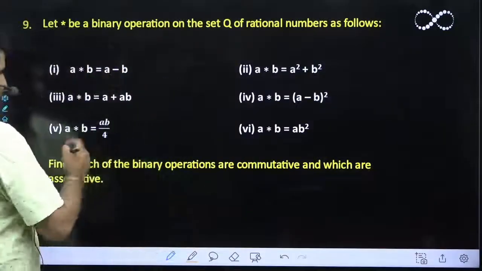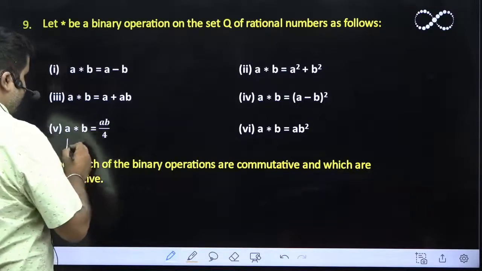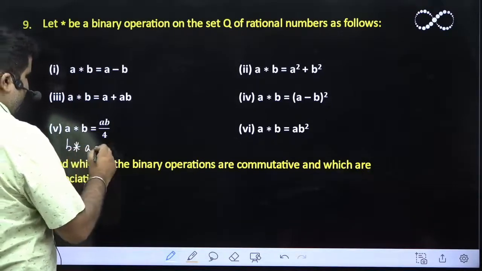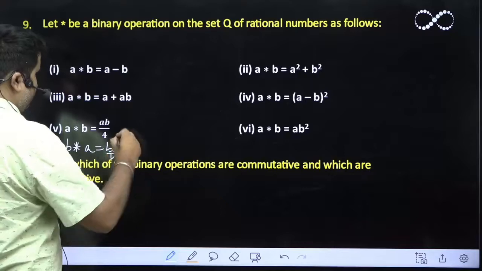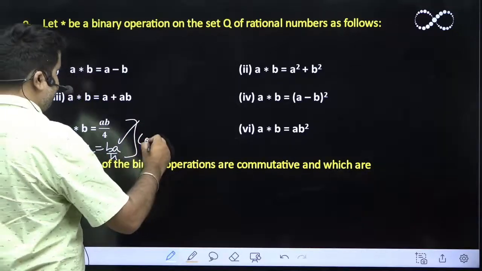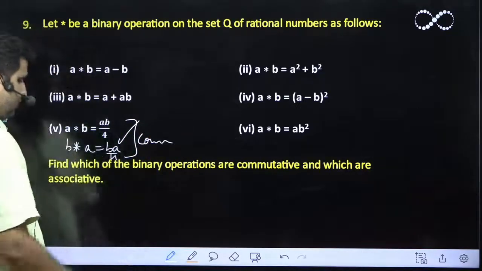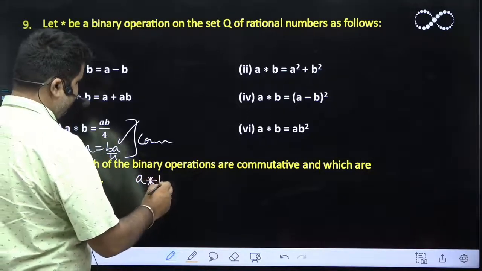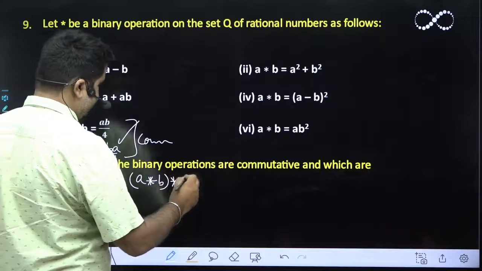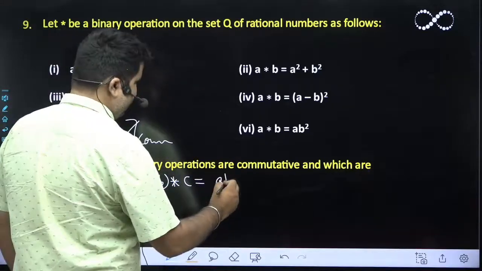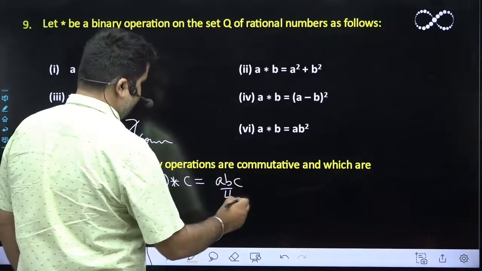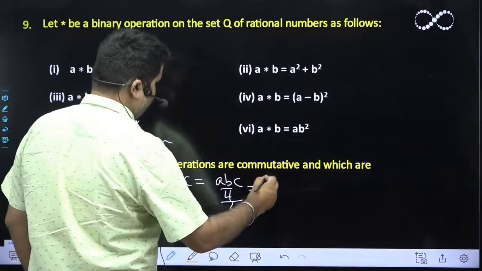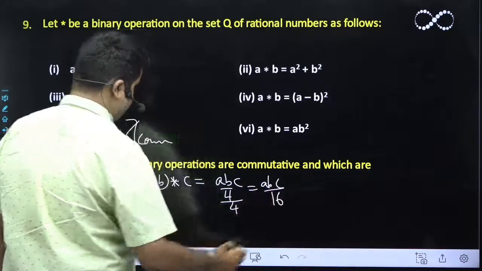Let's move on to this one. What is B star A in this one? BA by 4. Both are equal, so it will be commutative. Now let's see associative property. (A star B) star C. This is equal to AB by 4 times C divided by 4, ABC by 16.